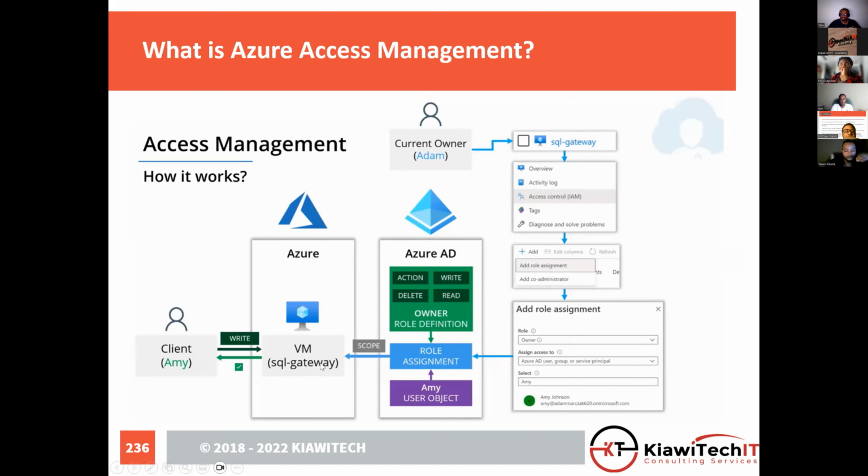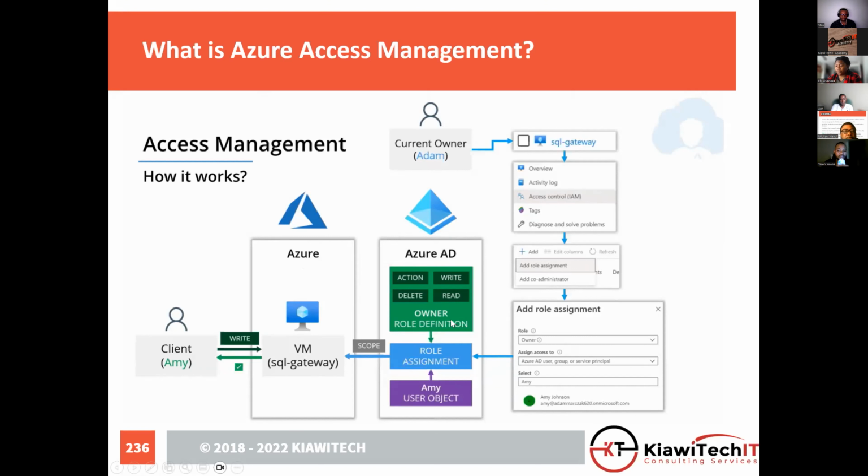So what happens now is Amy is our client. She will utilize Azure Active Directory. Once Amy tries to connect to this resource, she needs access to SQL Gateway to be able to manage other resources like virtual machine and SQL Server.